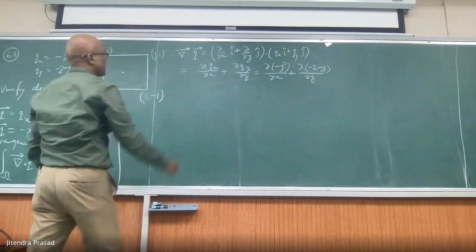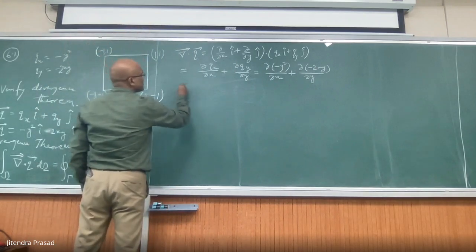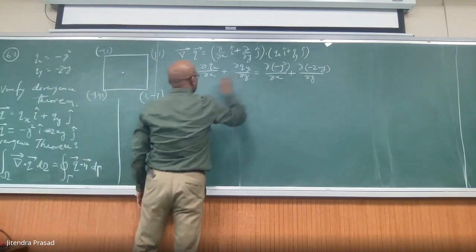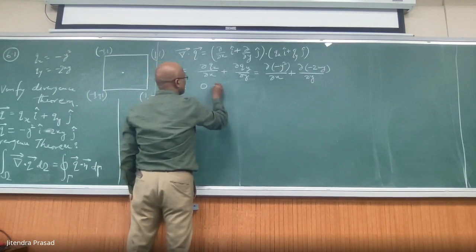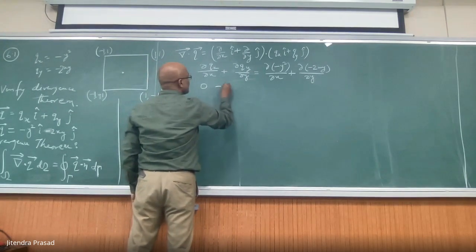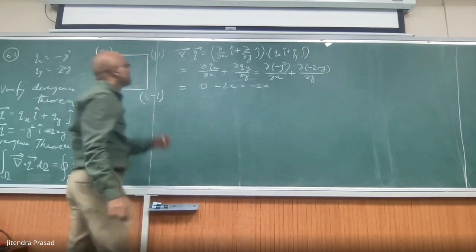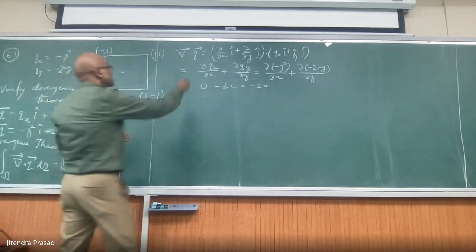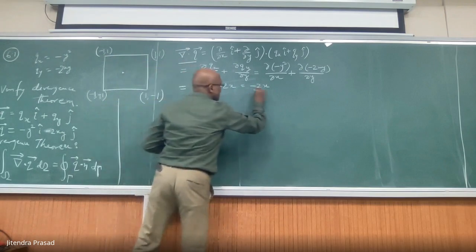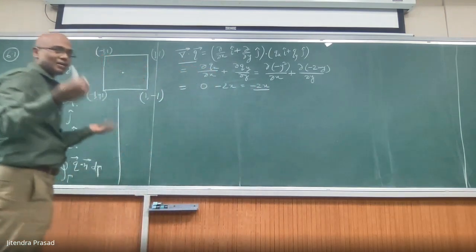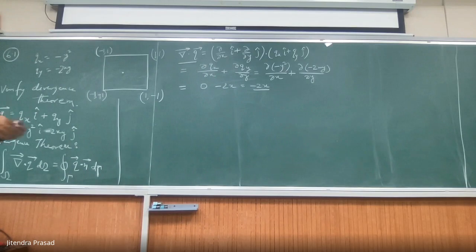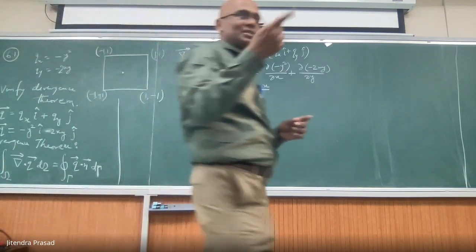The first one will be 0, and the second one will be minus 2x. So the value of the divergence of Q is equal to minus 2x. Any questions, guys?